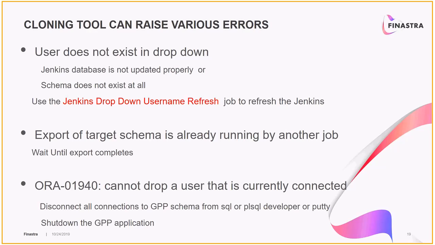Another one is that export of the target or source schema is already running by another job. Basically, suppose you are exporting the Kasib SCADE 01 schema, but various other people are already doing the export for the same schema.